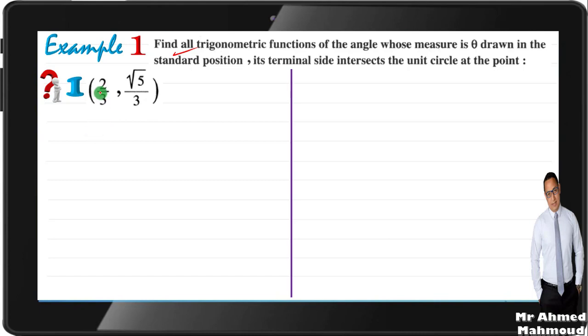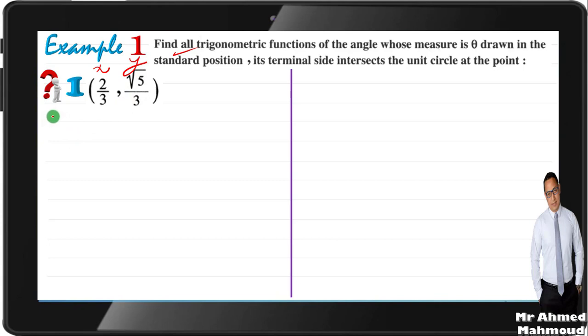Now start with this: x is the cosine, y is the sine.